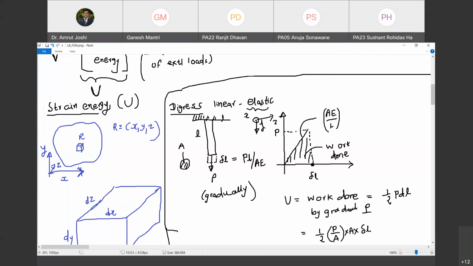Second observation, second condition: whatever is the value of u, v, and w, that is x directional deformation, y directional deformation, and z directional deformation at r, I can assume it is constant over this entire small 3D geometry of volume dx, dy, dz. Mind you, u is x directional translation. Are you with me?